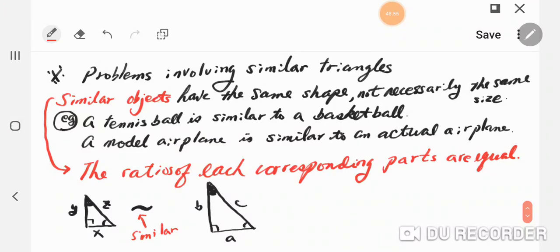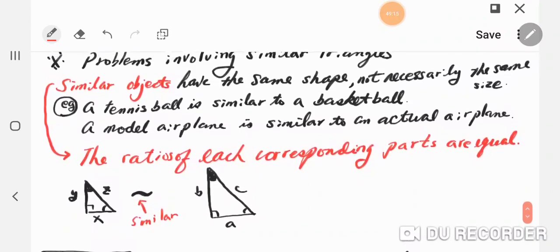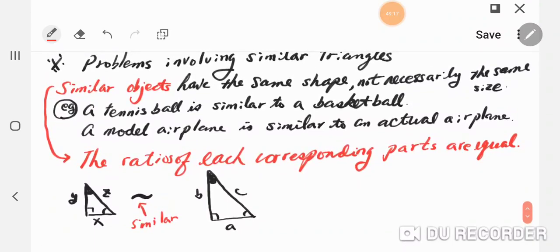And a model airplane is similar to an actual airplane. You have an actual airplane, but the airplane is really big. So when you make a model, then you can shrink it, make it small. That means all the corresponding parts will be reduced if you shrink it. So we have two triangles, and these 2 triangles are similar if each side is in proportion.